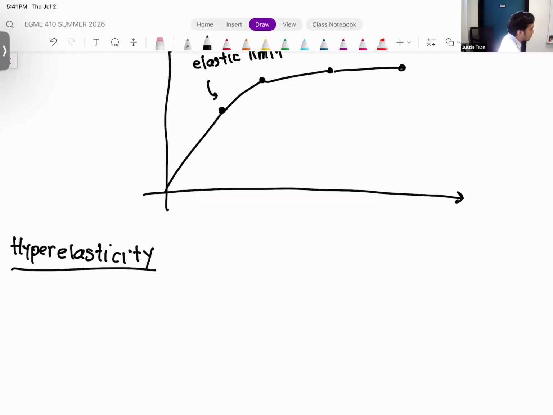But I remember when I was in college and took my strength of materials, hyperelasticity was not covered at that time. Not that it wasn't a thing; it's been a thing for a long time. It's just a little bit more advanced than your linear stress-strain curves. But hyperelasticity is a completely different kind of material framework, a completely different way to relate the stress and strain within a material.